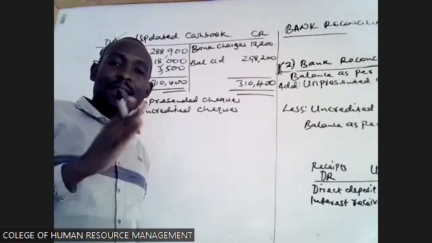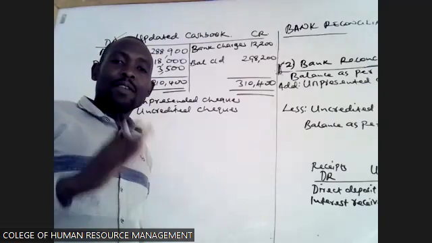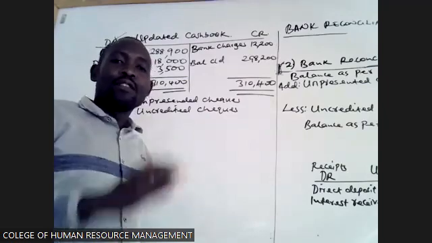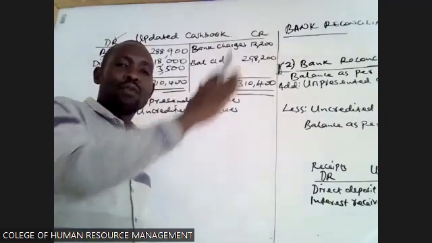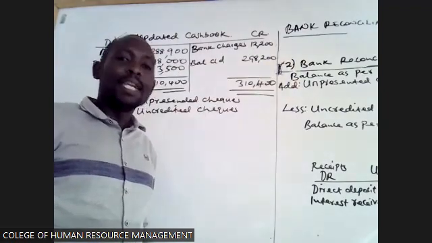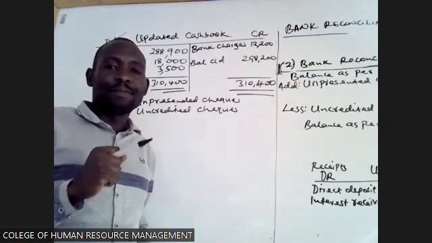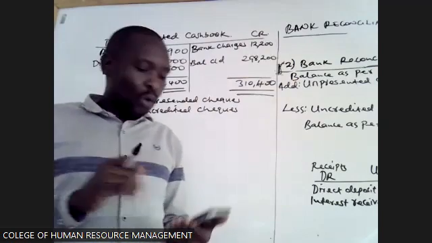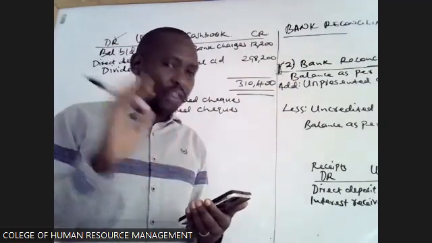Payments in the bank statement are supposed to be on the debit. Payments in the cash book are on the credit. So anything that we have paid in the cash book on the credit, but it has not been paid by the bank on the debit, it is unpresented. So we go to the credit of the cash book.